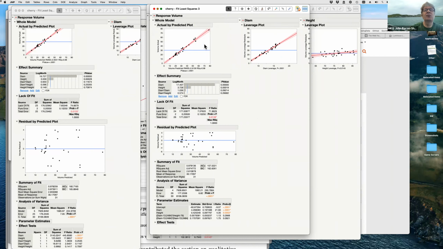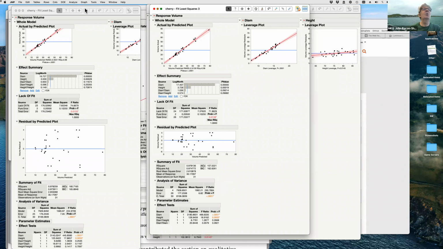So remember, we have dropped a variable here. In fact, the adjusted R squared is also slightly better. But again, you can see, although diameter and height are strongly significant, the other two terms are still not significant. So it appears that we don't need the cross product term.